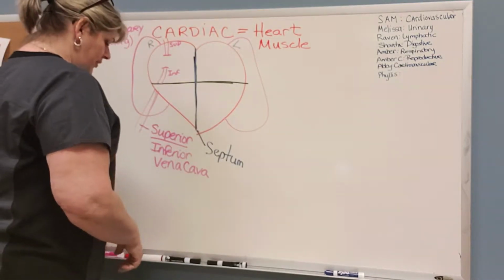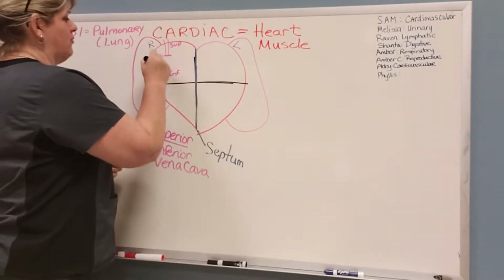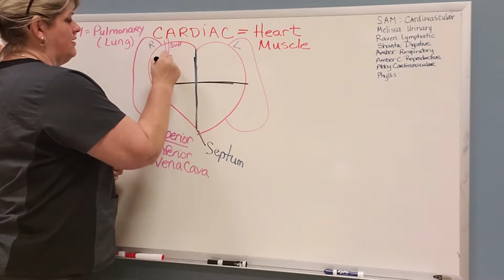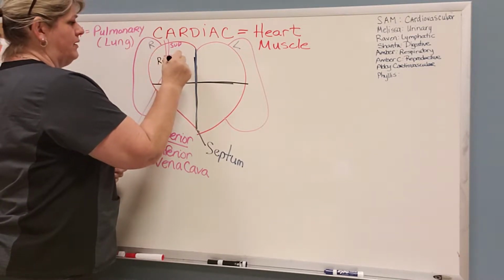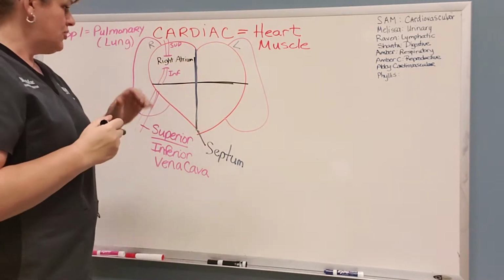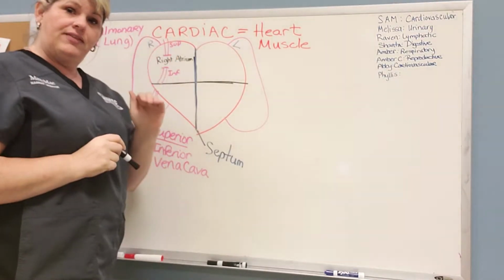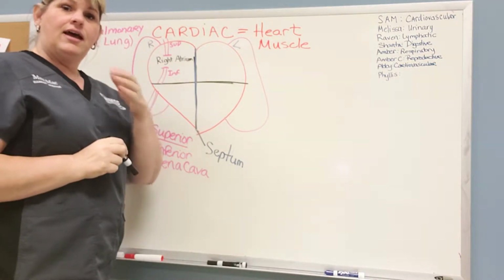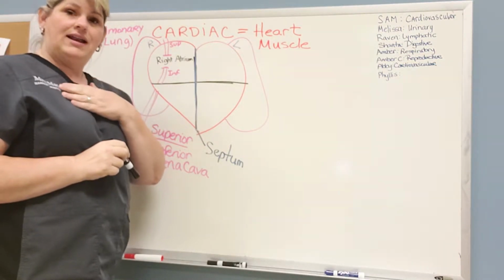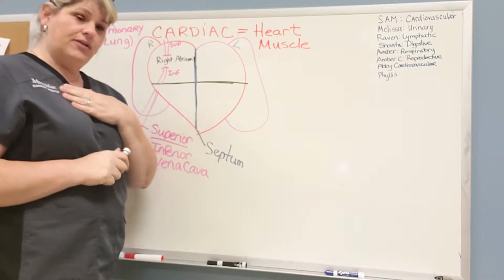Now this chamber is called the right atrium or atria. You might hear it both ways. So both the superior and the inferior vena cava empty into the upper right atrium chamber of the heart.